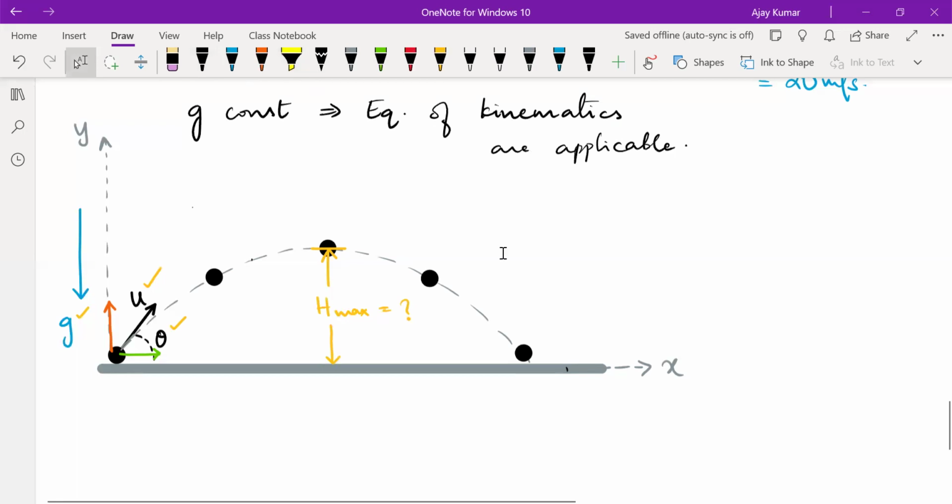Which equation of kinematics can help us derive that height? Sir, v square minus u square is 2as. Okay, Pawan is saying v square minus u square is 2as. I had another answer also. Someone else was saying something. S equal to ut plus half at square, sir.